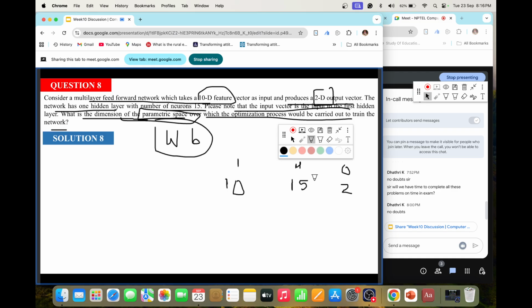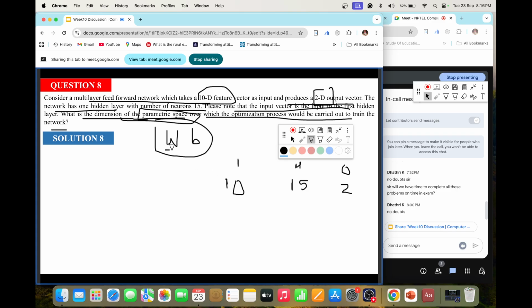And the number of weights from the hidden layer to the output layer is 15 into 2, that is 30. So 150 plus 30, that is 180 weights.